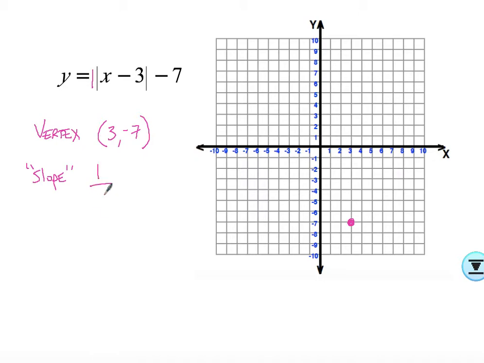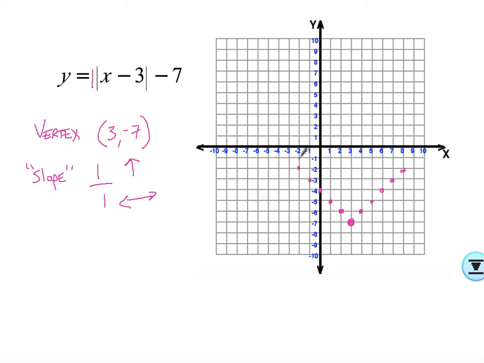Now I can put anything over 1, turning it into a fraction. The top number is positive, so I'm moving up, and the bottom number means I'm moving left and right. From this vertex, I'm going to go up 1, over 1, up 1, over 1, up 1, over 1. If I go back to that vertex, I can go up 1 and over the other direction, 1, and keep going.